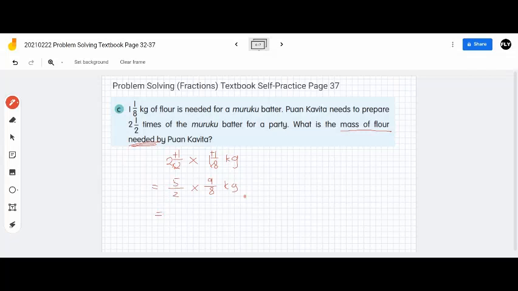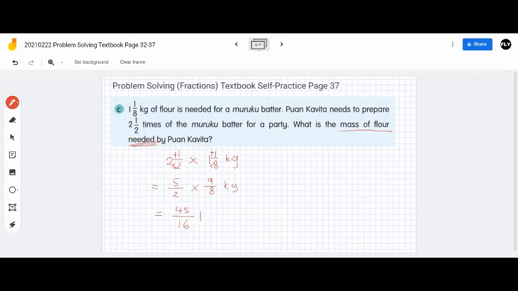So next, what do we do? We have to simplify this fraction. Can it be simplified? 5 and 2 cannot. 5 and 8 cannot. 9 and 2 cannot. 9 and 8 cannot. So what do we do next? We multiply the numerator with the numerator, denominator with the denominator. So 5 times 9, 45. 2 times 8, 16.